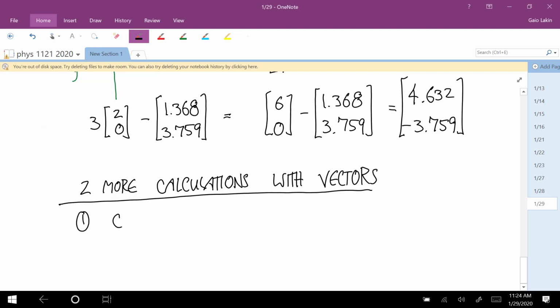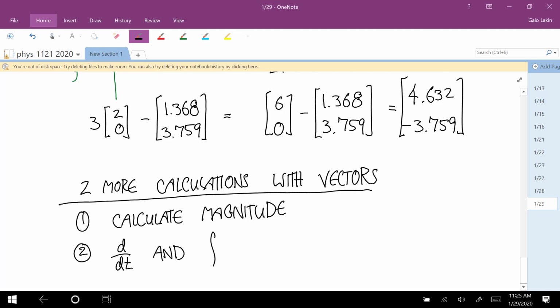The first one is to calculate the magnitude of a vector from the components, so the length of the arrow. And the second one is time derivatives and integrals with respect to time of vectors.